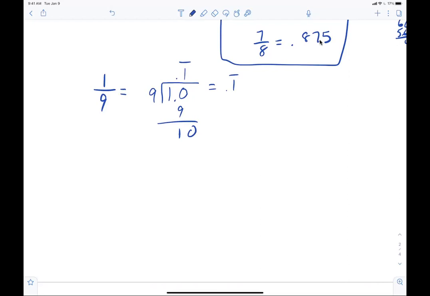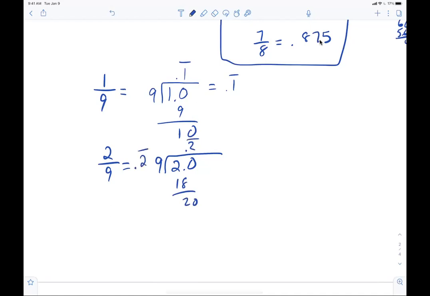All right, very good. So what is 2/9, guys? Well, let's say we don't know. We're just going to go 9 into 2.0. How many times does 9 go into 20? 2. Uh-oh. It's repeating. So 2/9 is 0.2 repeating.